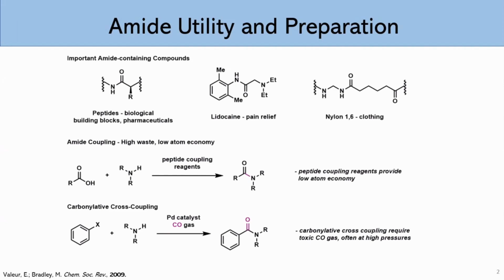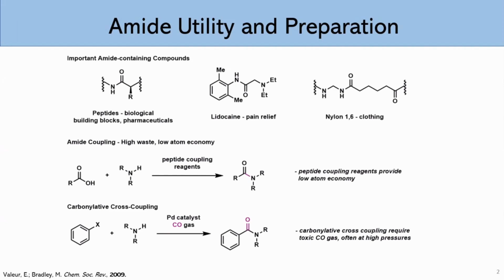However, these reactions are done under an atmosphere of carbon monoxide. Your first obvious drawback is that carbon monoxide is pretty toxic, and not something that most people want to work with, and it often requires high pressures of carbon monoxide. So these can be somewhat dangerous at times, despite their high atom economy.